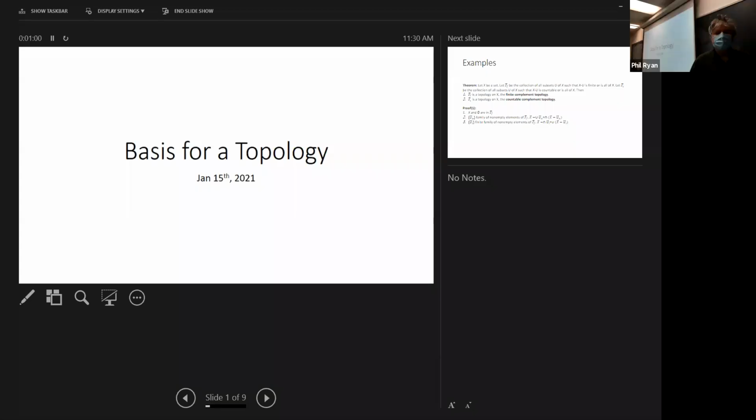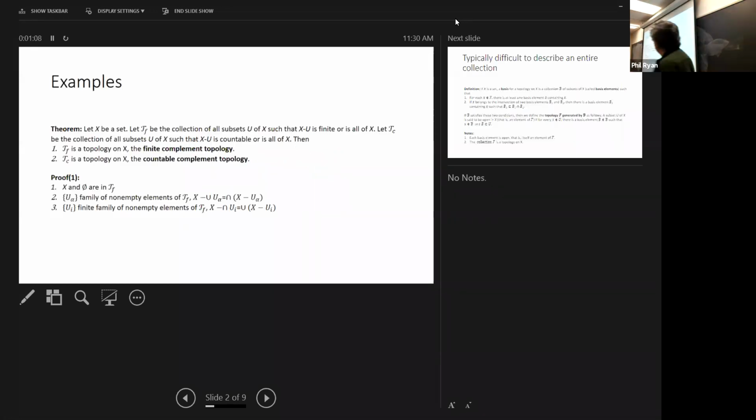Well, so let's finish off what we did on Wednesday. If you've got a set X, the collection of all subsets U such that X minus U is finite, or U is all of X, is a topology called the finite complement topology.